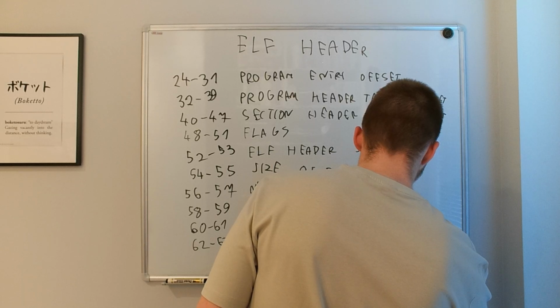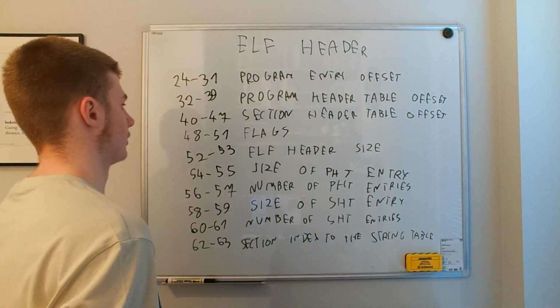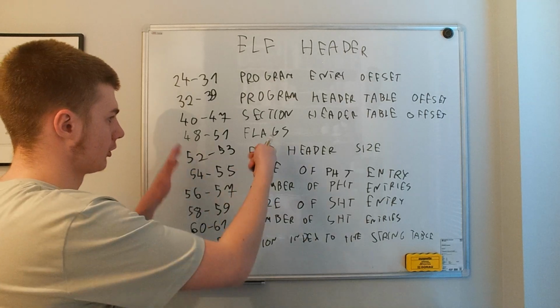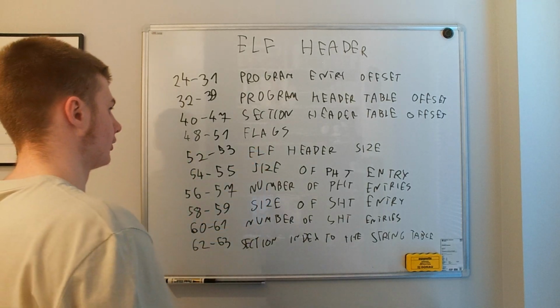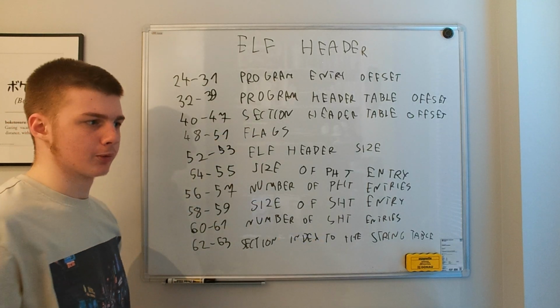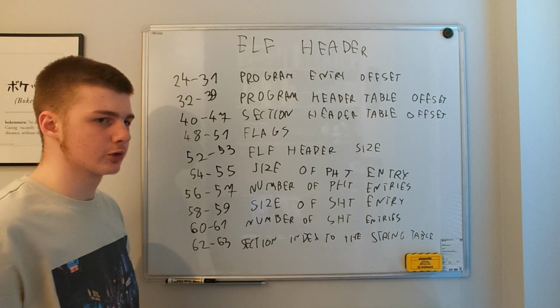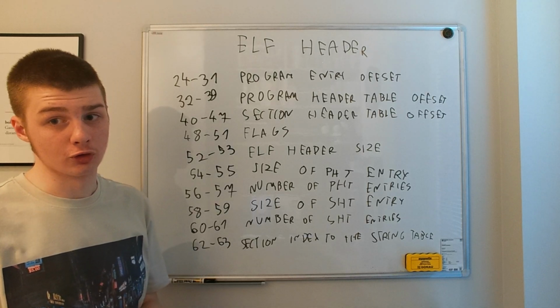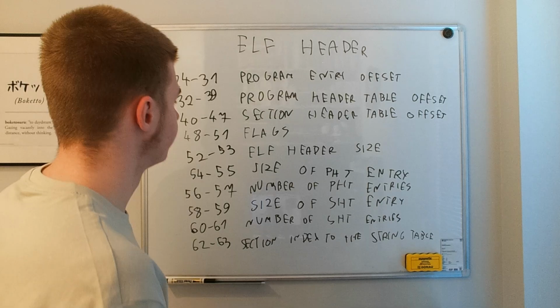So what really interests us from this is, well, potentially the flags, if you want to implement them. They're a bit more important when you actually load processes from more ELF files that are actually supposed to run on your operating system and not just be your operating system.